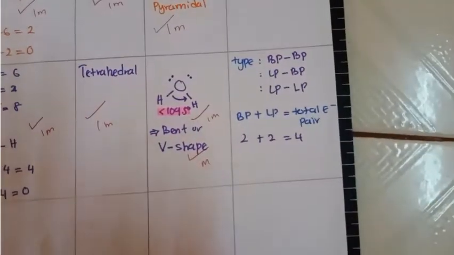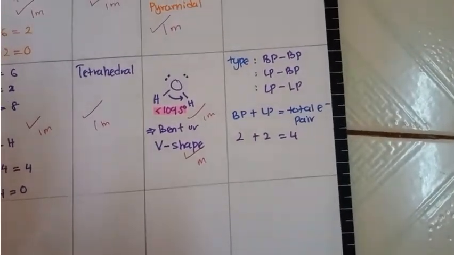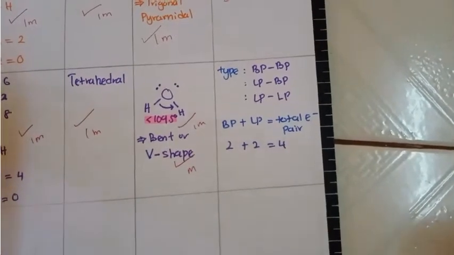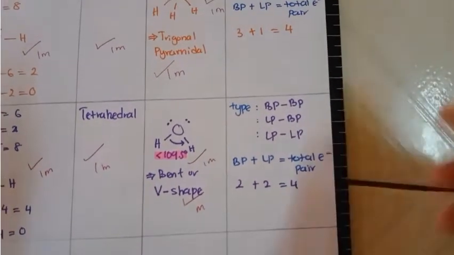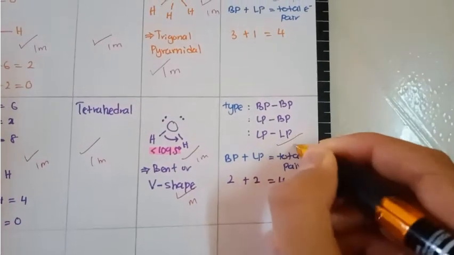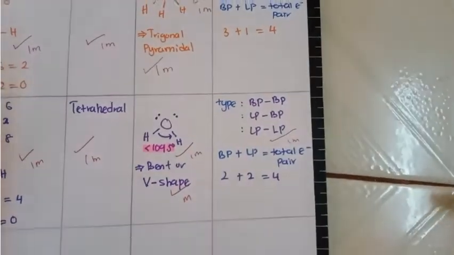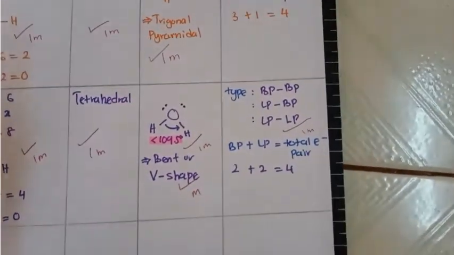And for the type of repulsion of H2O, we get bonding pair, lone pair, lone pair, so we get 1 mark here. If all is true, we can have 1 mark.